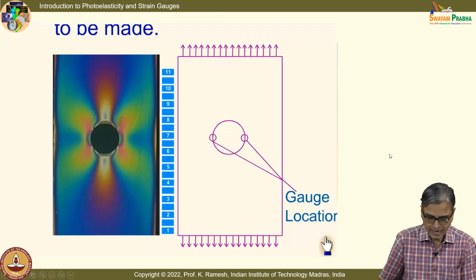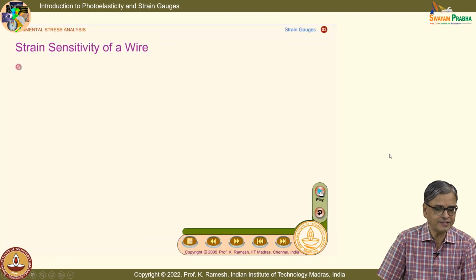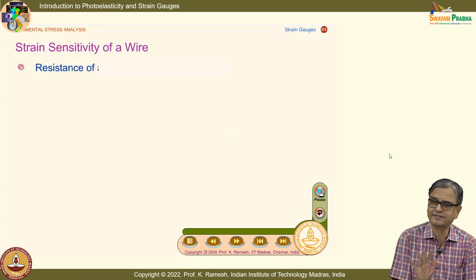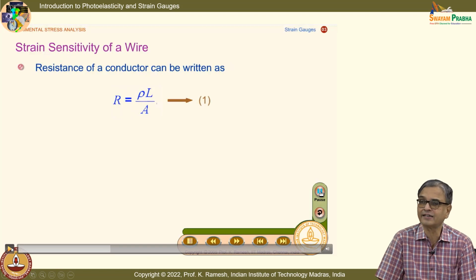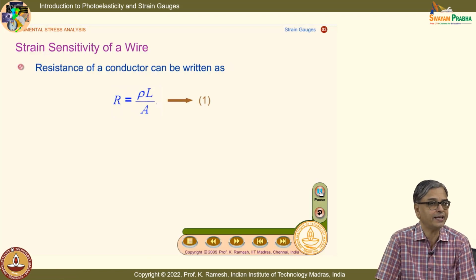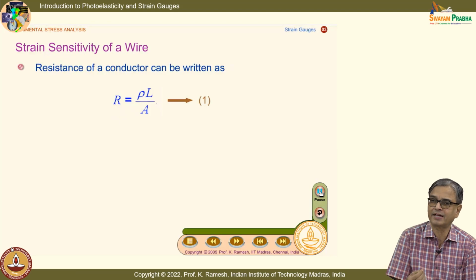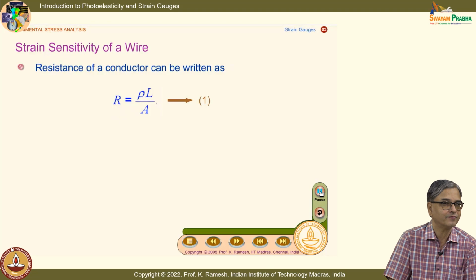And if you look at the physics, it's only high school physics. There is nothing great in this, and you all know the resistance of a conductor is R equal to rho L by A. Now I take a simple wire. I want to find out how it is sensitive to the strain. Fine.